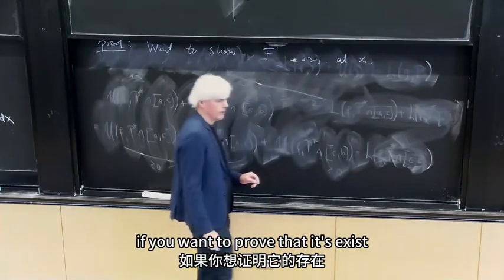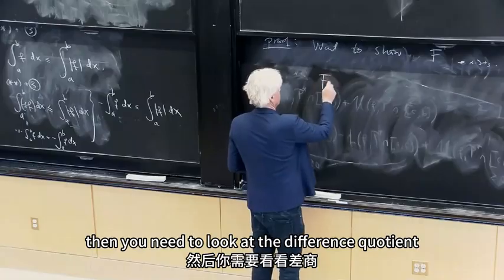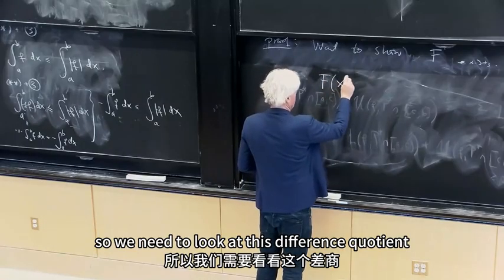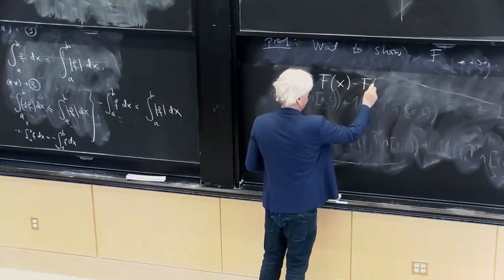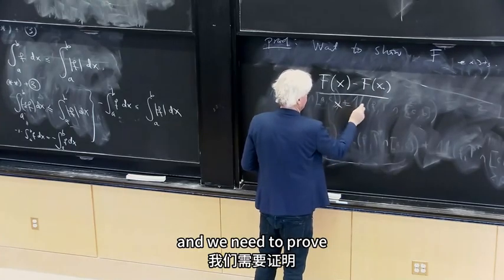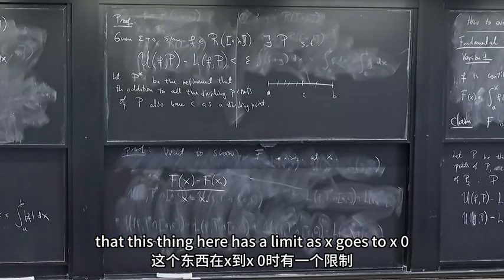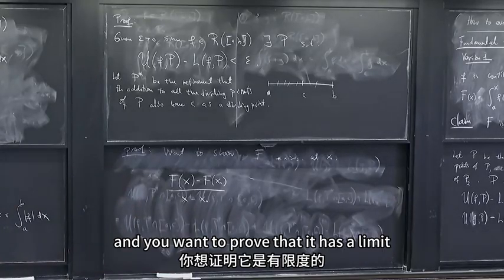If you want to prove that it exists, then you need to look at the difference quotient. And we need to prove that this thing here has a limit as x goes to x0. So x0 is fixed, and you want to prove that it has a limit.